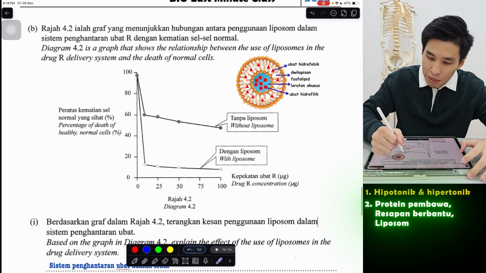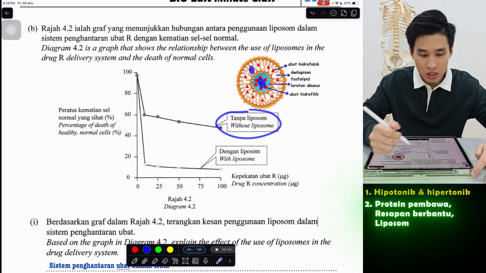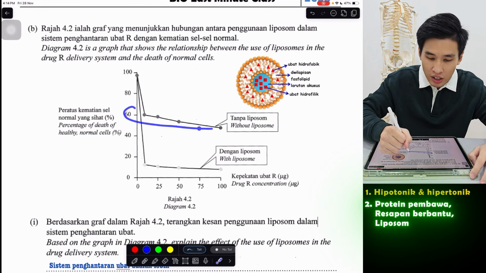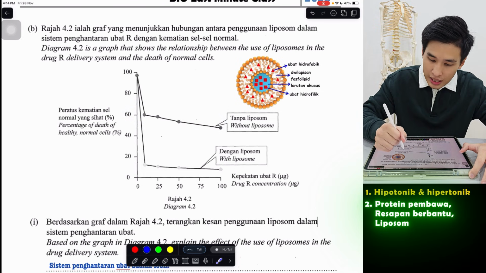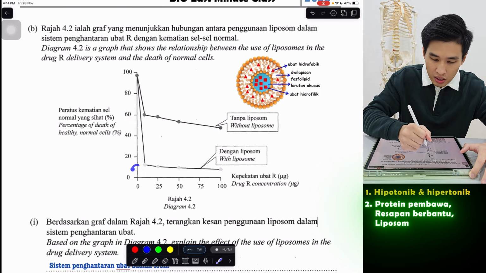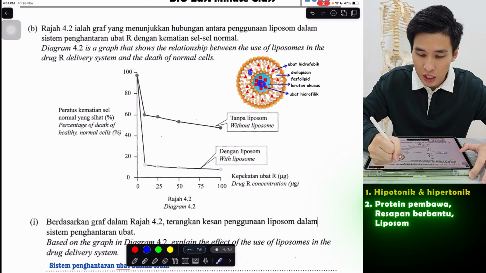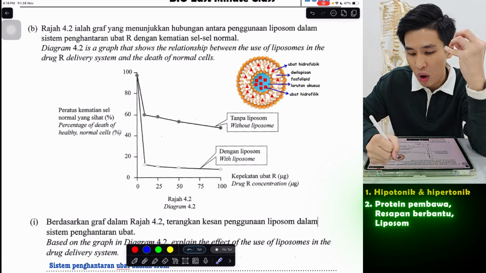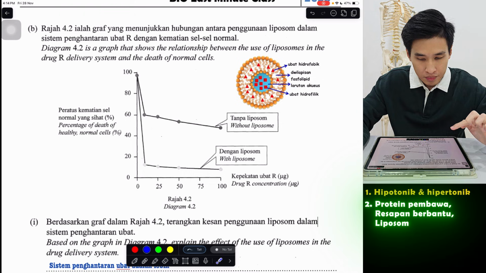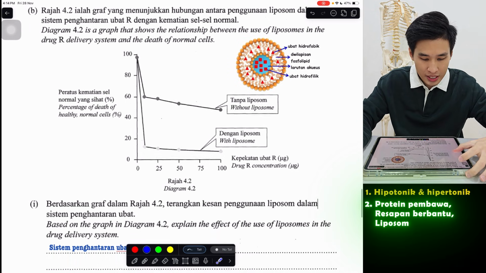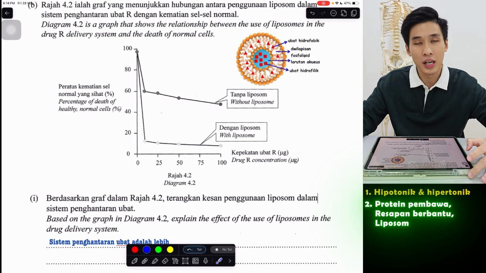See, tanpa liposom, sel-sel hidup dalam liposom ini akan mati dengan lebih banyak. Tengok, ada 60% mati. Tetapi if I use liposom, yang mati kurang daripada 20%. Means you still have a lot of living cells inside. So sometimes, ubat inside will have living cells to help your body. Okay, so the question asks, berdasarkan graf di 4.2, terangkan kesan penggunaan liposom dalam sistem penghantaran ubat.